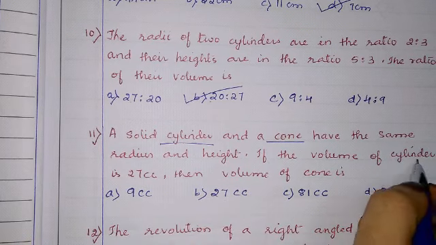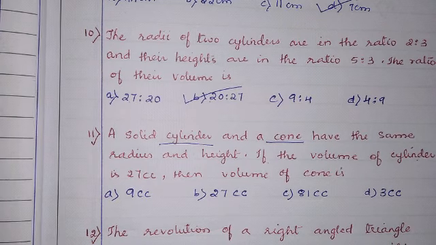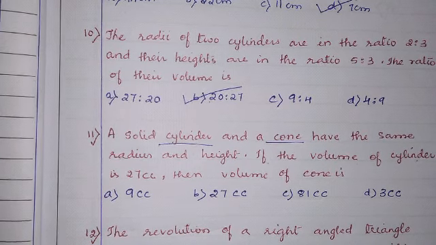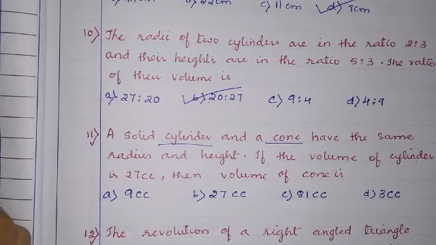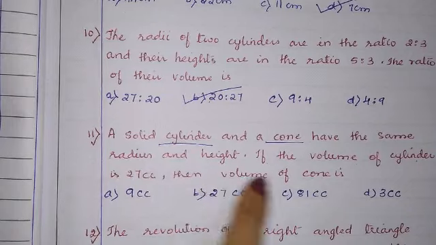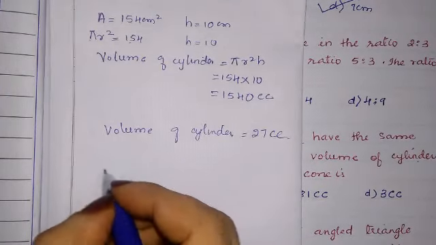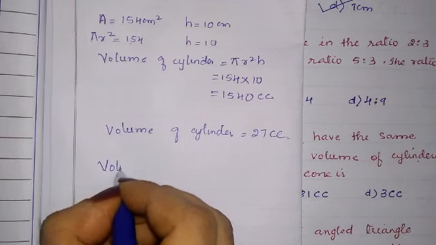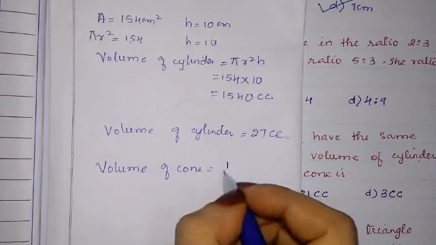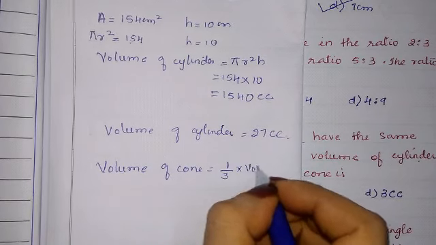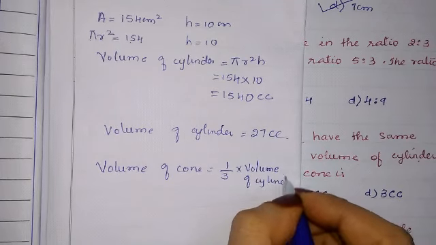If the volume of the cylinder is 27 cc, what is the volume of the cone? Height and radius are the same, so the volume of the cone is equal to 1/3 into the volume of the cylinder. This is the formula.